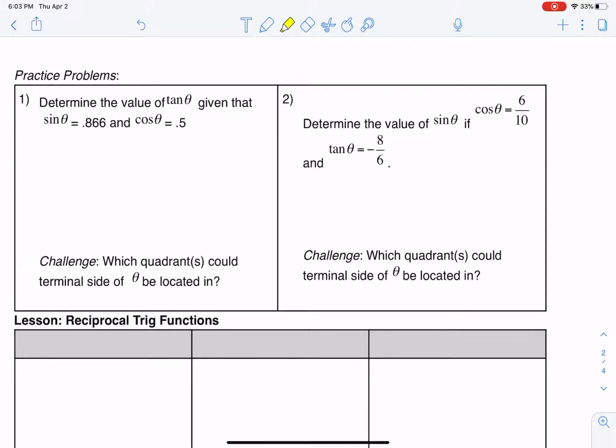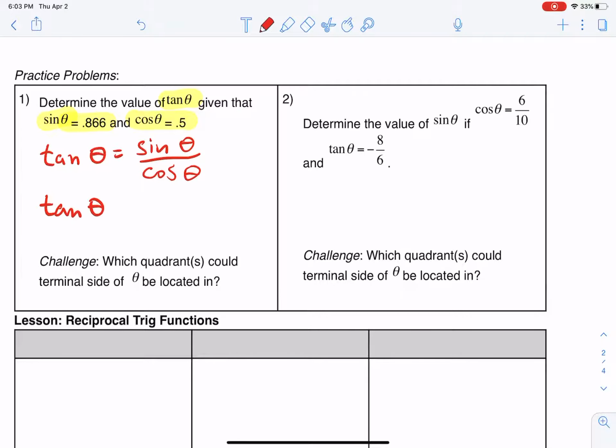So for question 1, determine the value of tangent of theta given that sine of theta equals 0.866 and cosine of theta equals 0.5. Well, we're going to use our identity. Tangent of theta equals sine of theta over cosine of theta. And I'm just going to substitute in my values there.